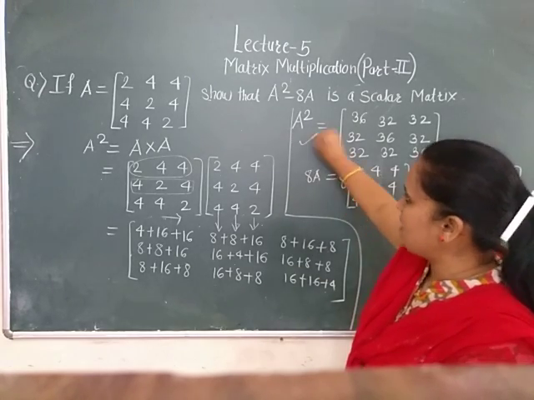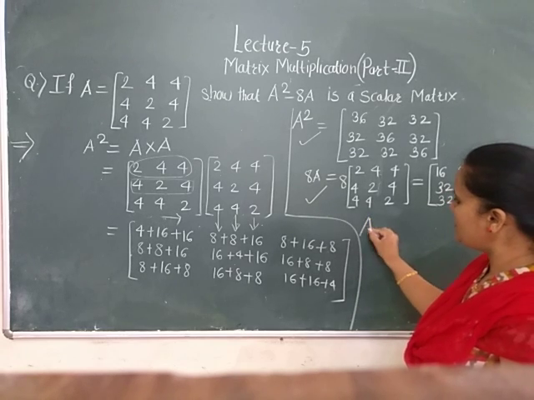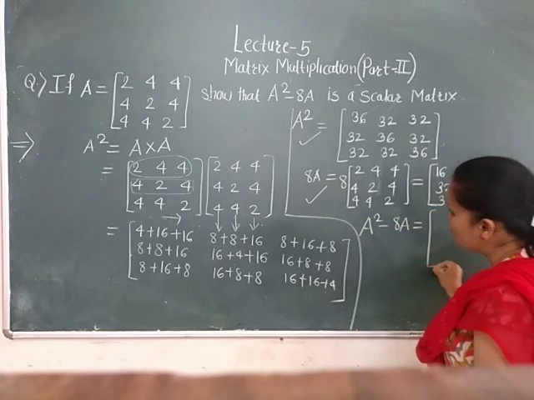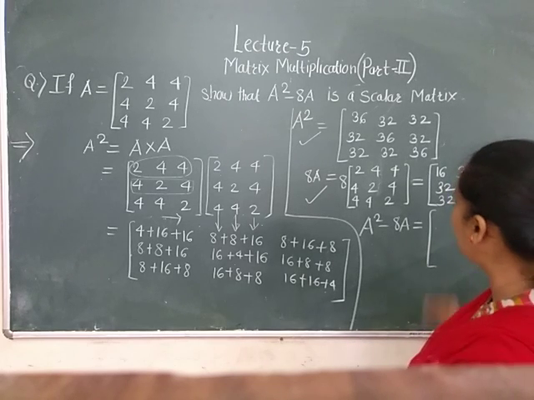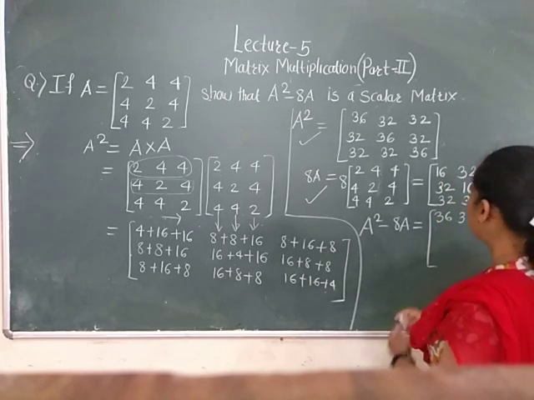In this way we got A square here and 8A. Afterwards, finally, A square minus 8A will be equal to, write down the value of A square carefully, 36, 32, 32.